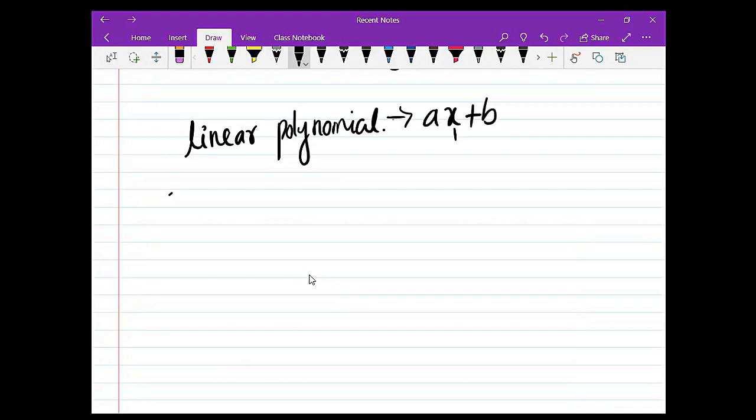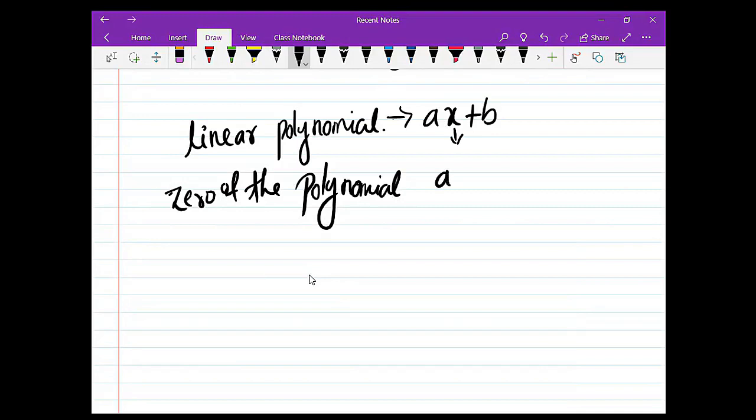Here x is the variable, a and b are real numbers, and a is not equal to 0. See, in this linear polynomial, what do we get for the zero of the polynomial?